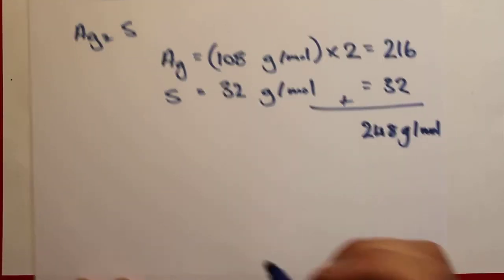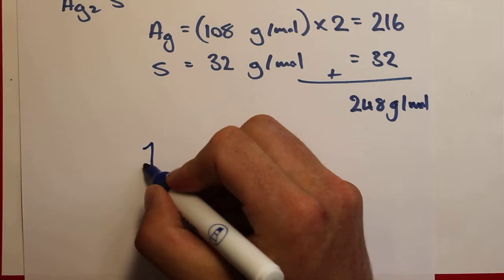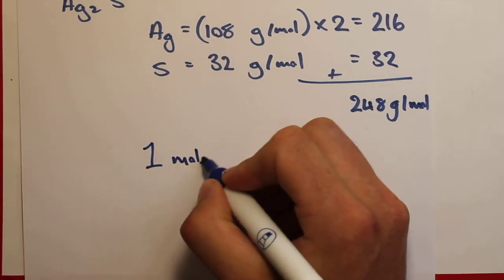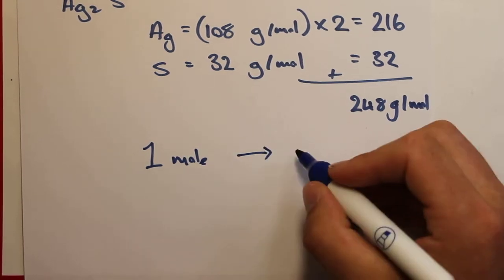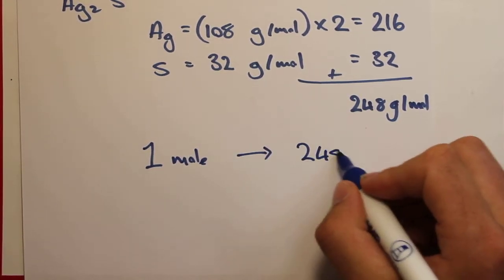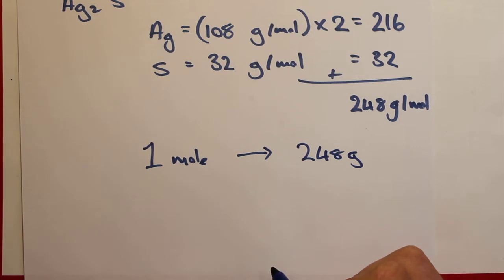So now, this is telling us that 1 mole of our silver sulfide is equal to 248 grams.